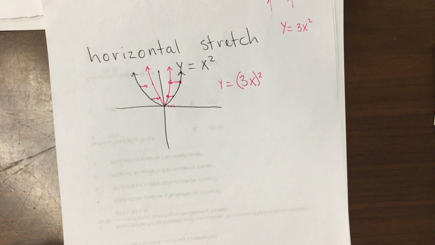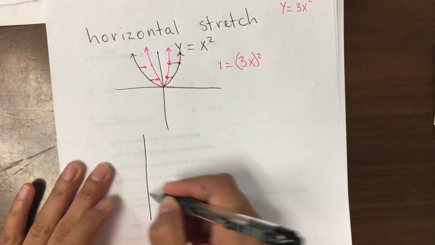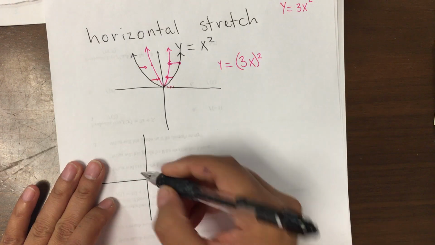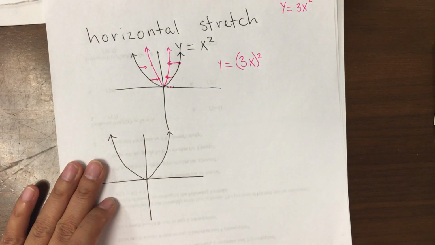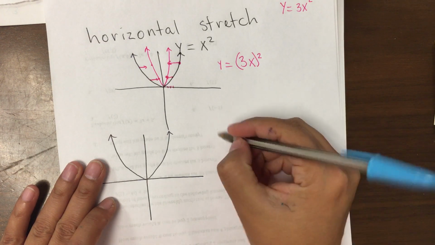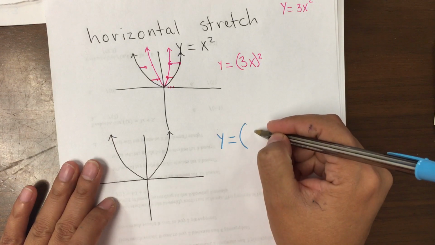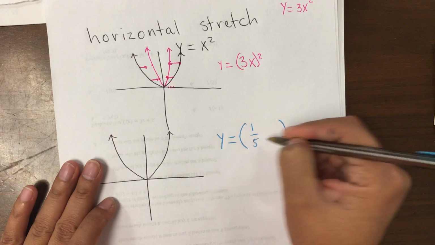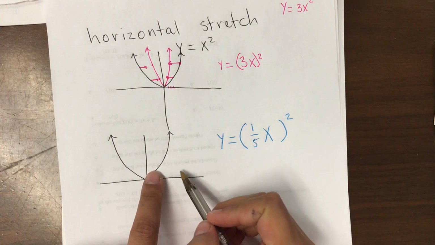What if I multiply by a fraction? This is my original. And so y equals, again, only if it's between parentheses, then it's a horizontal stretch. Okay?